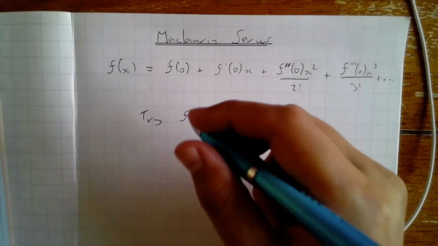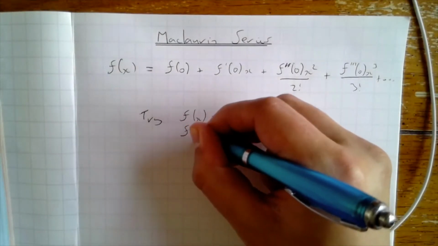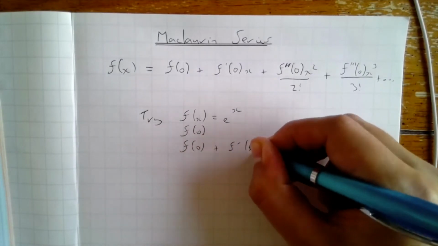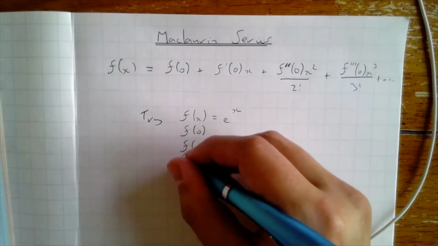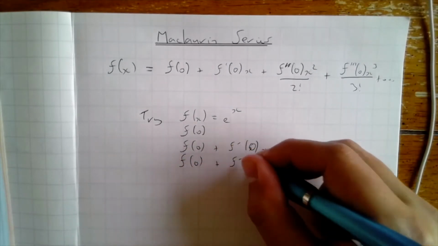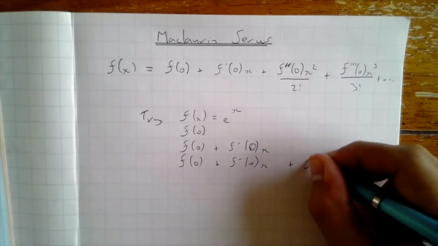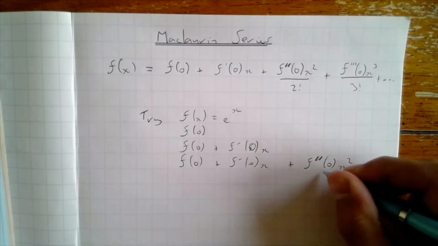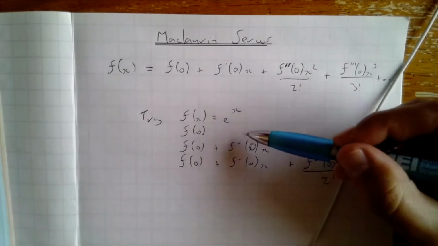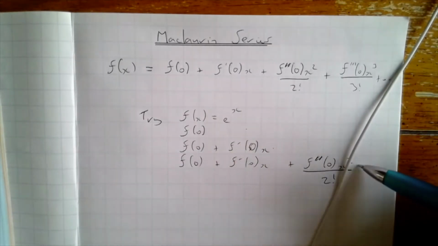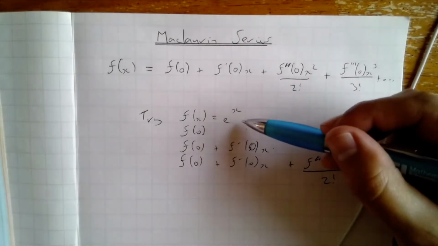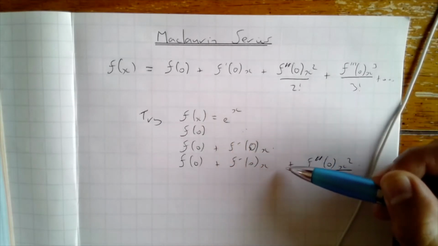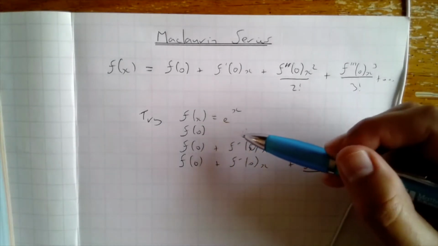So plot f of 0, then f of 0 plus f dash 0 x, and then plot the next one. If you plot each of these graphs, and then plot y equals e to the x on the same graph, you'll see that these are slowly becoming better and better approximations for the exponential curve.